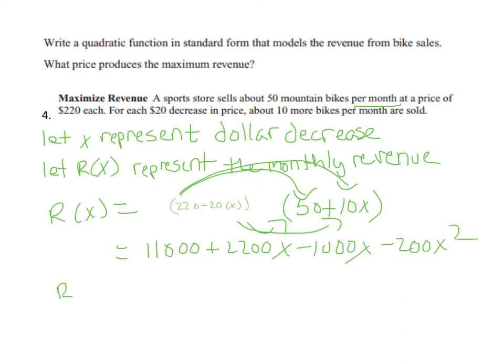So you'd write that negative 200x squared plus 1,200x plus 11,000. So either use your graphing calculator or use it and bring in tomorrow what the maximum revenue would be. See you then.